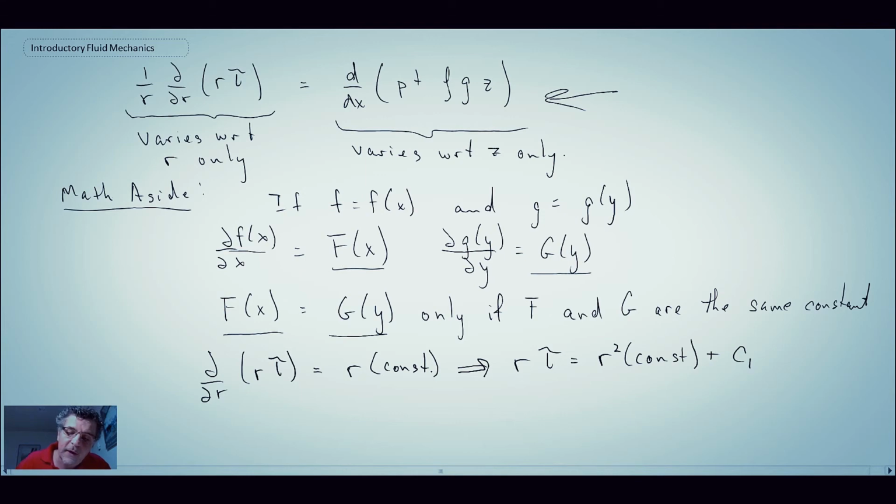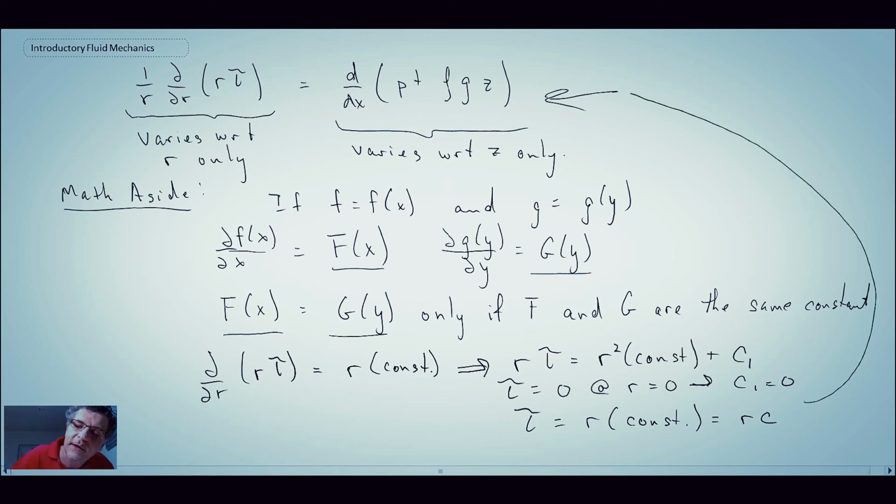So if we integrate the left-hand side of the equation, and then we know at the boundary condition tau is equal to 0 at the center line of the pipe, and that tells us that C1 is equal to 0, what we're left with is tau is equal to r times some constant, and that would be equal to RC. So we're going to take this now back up into this equation here.